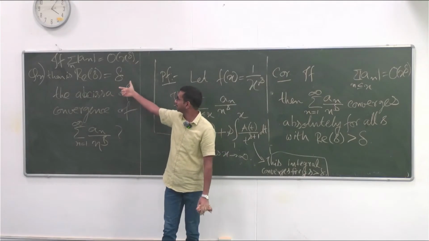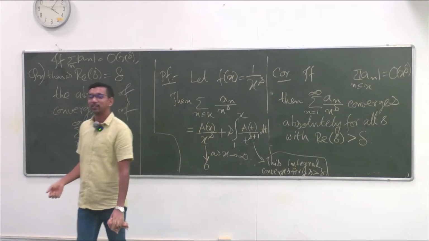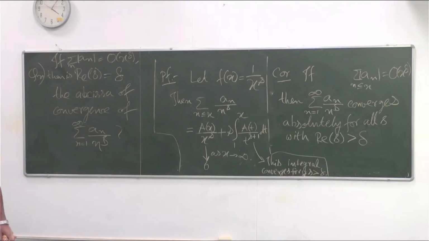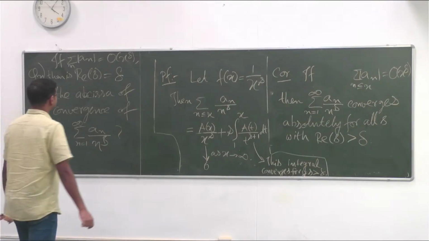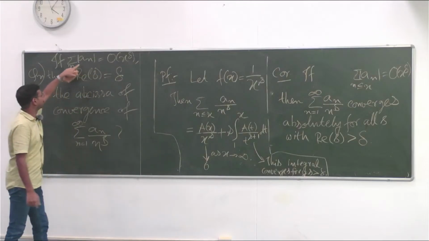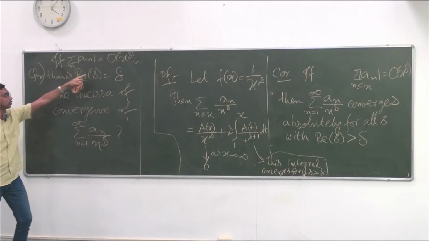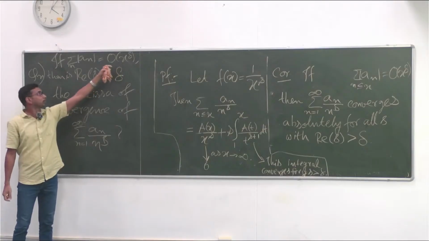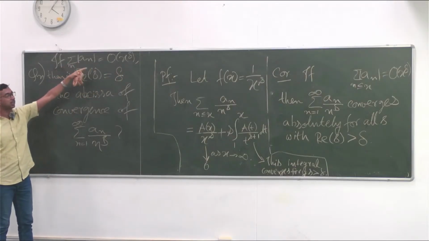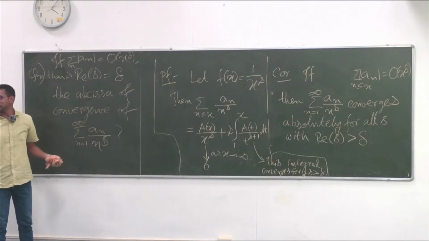It just says that this line is in that region, somewhere in there. Exactly. So big O of x power delta doesn't hinder it from being of some order less than this. If it is big O of x power delta, it could also be big O of x power some smaller power, some delta dash, which is smaller than delta. Okay.